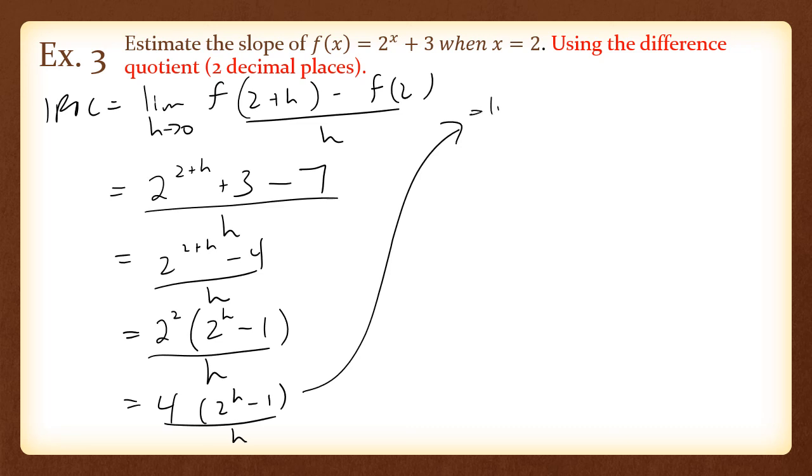So we still can't put 0 in, so we're going to cheat a little bit, and just like last example, we put 0 decimal, 3 zeros, and a 1 into our function. Not plus 1, minus 1, sorry.